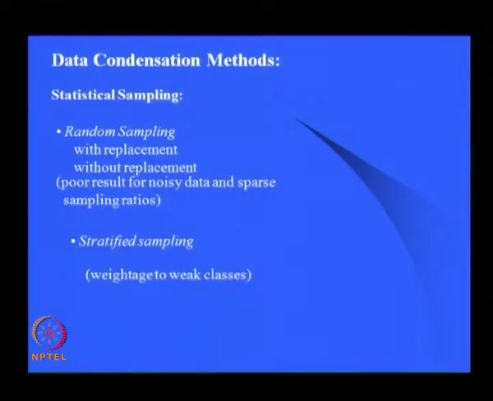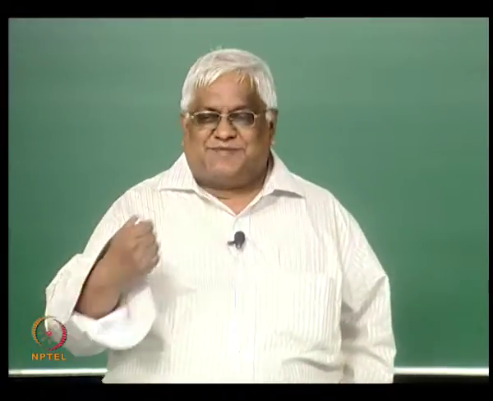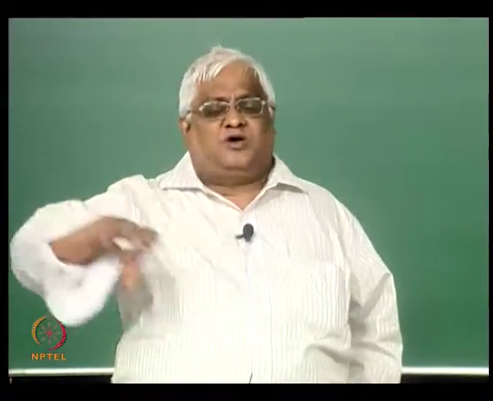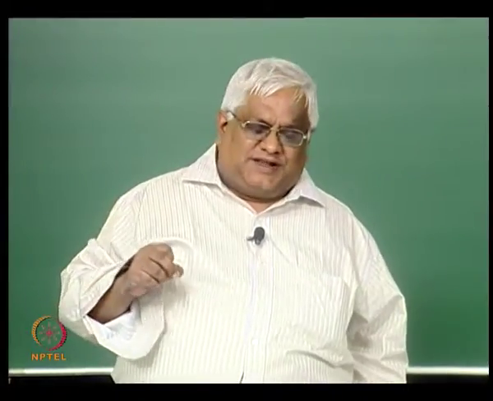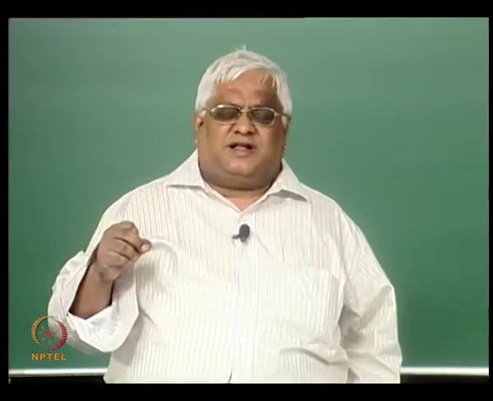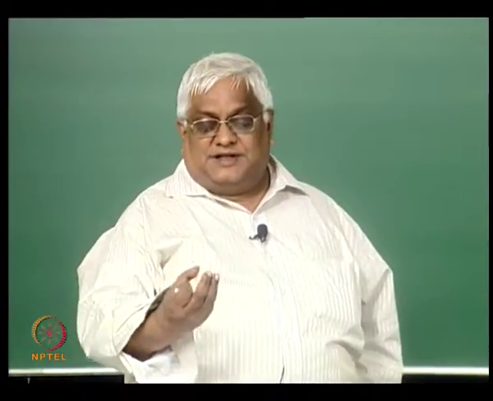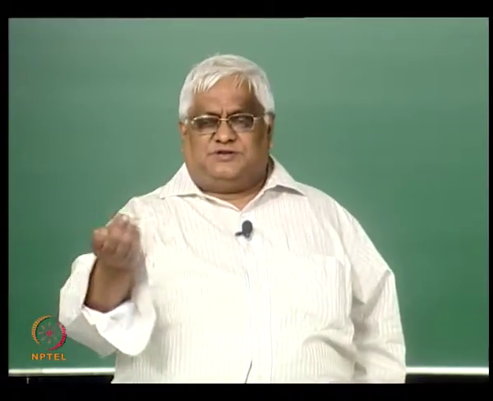You have random sampling with replacement and without replacement. Now, sampling methods are fine if you are really getting representative points from all over the data set, but if you are not getting points from all over the data set, then the set is not exactly a representative of the whole thing.